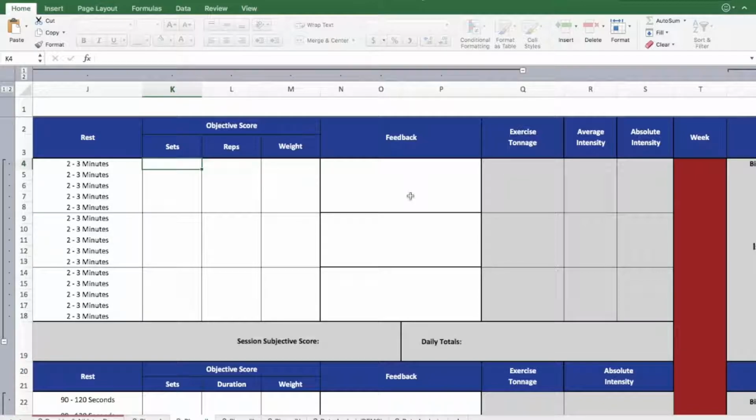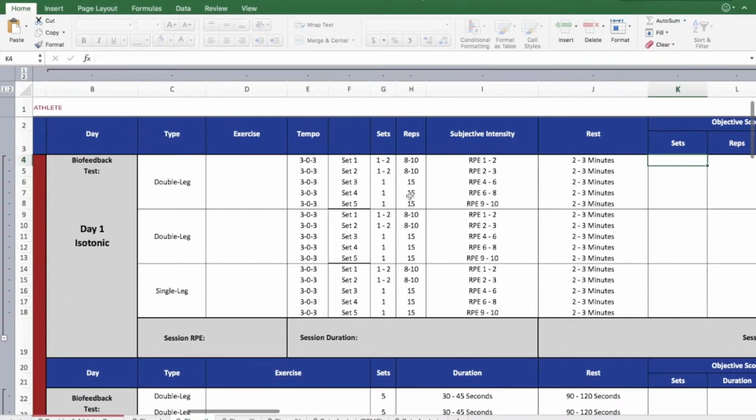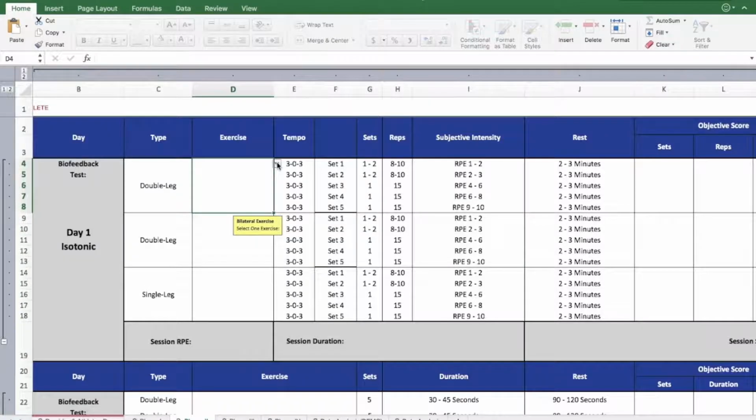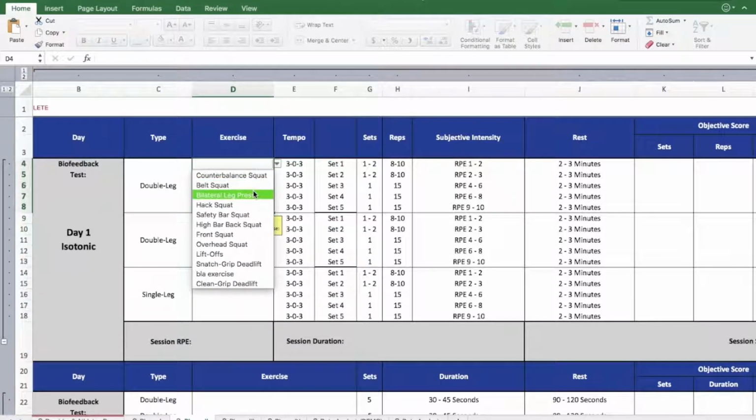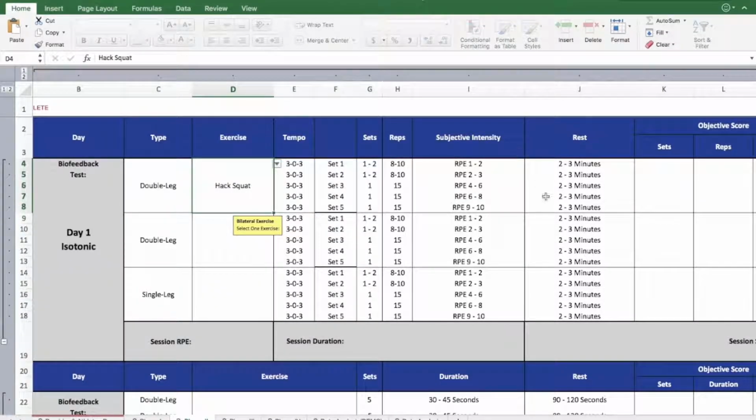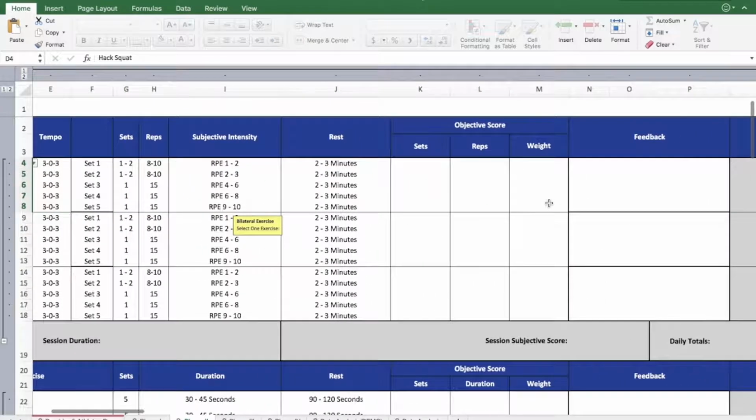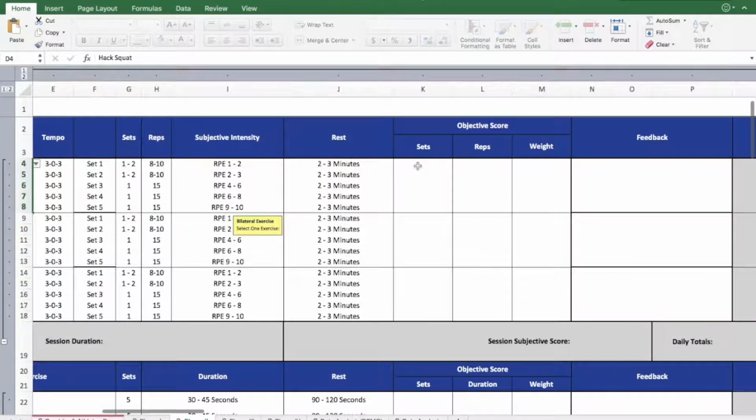Let's say for the first exercise, we selected hack squat. And let's say that for hack squat, on set 1, we did 100 pounds for 10 reps. Then on the second set, we did an additional 10 reps for 110 pounds.